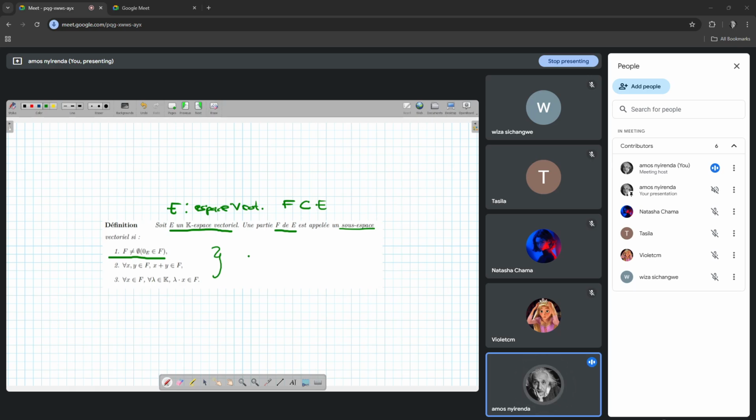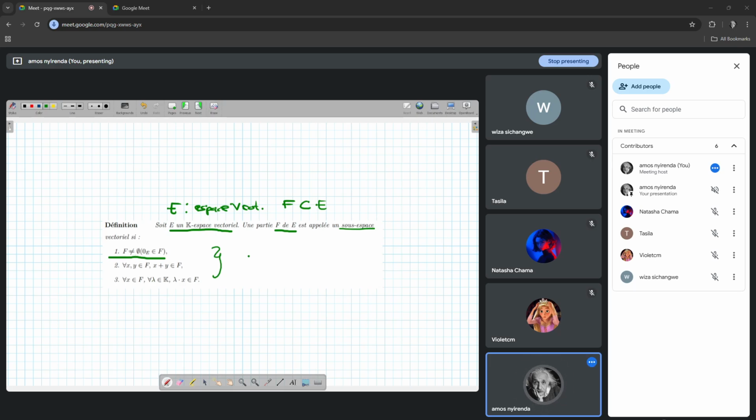Remember, when we were talking about the 8 properties, we saw that E is an abelian group, and then there's what is known as l'élément neutre, or the identity element. But here the first thing that we're supposed to check is whether the zero of E is part of F.